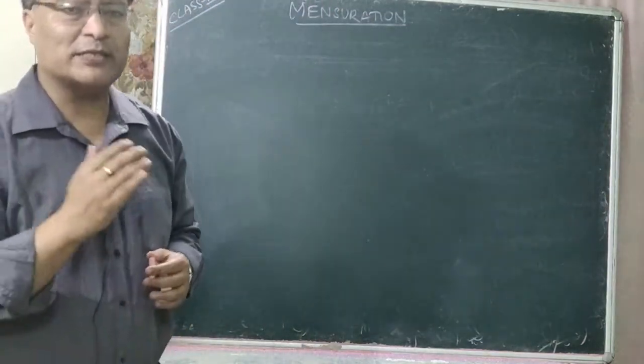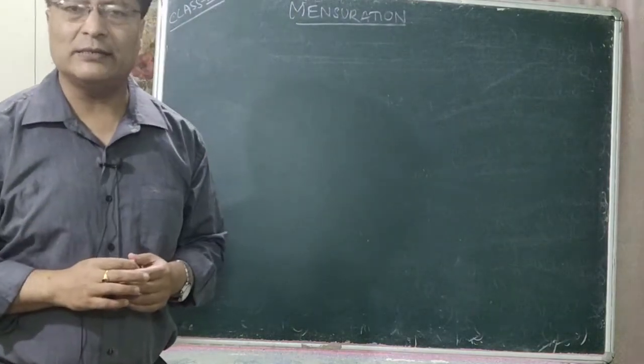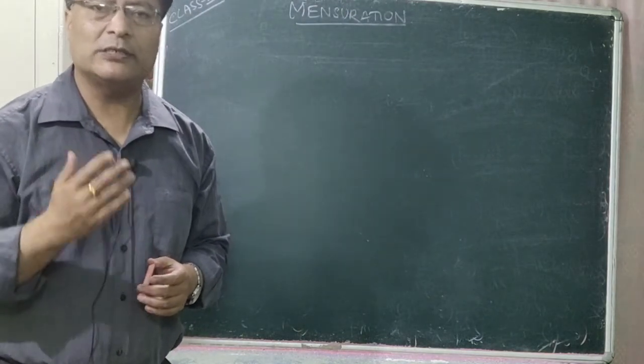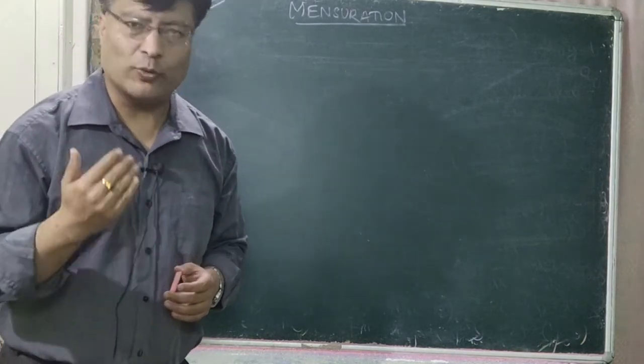So what type of measurement is referred to here? I think in class 9 you did circle, triangle, rectangle, square and all.